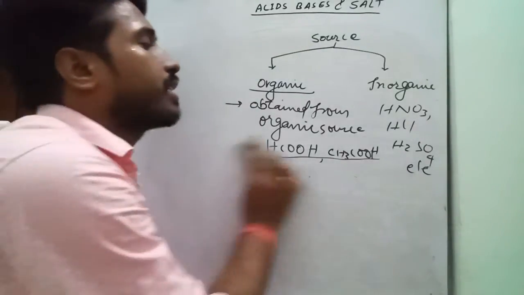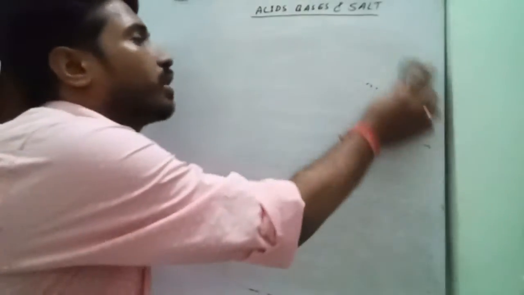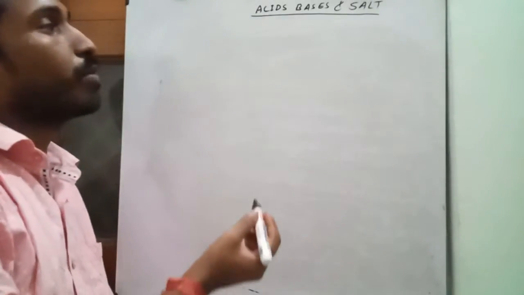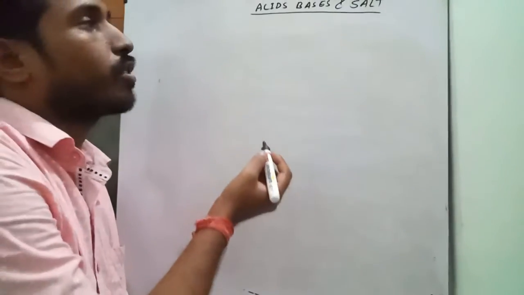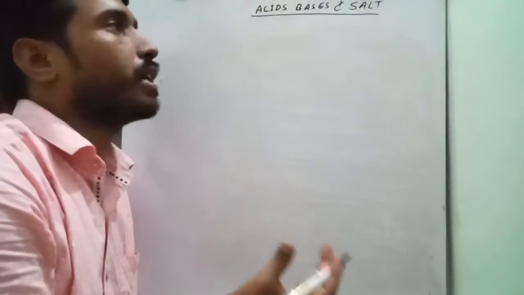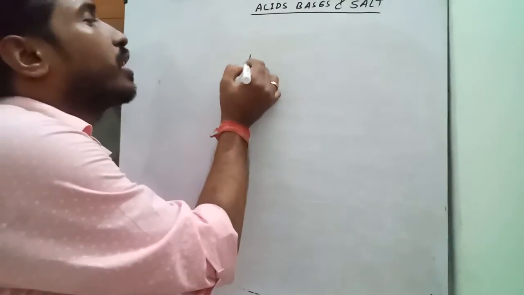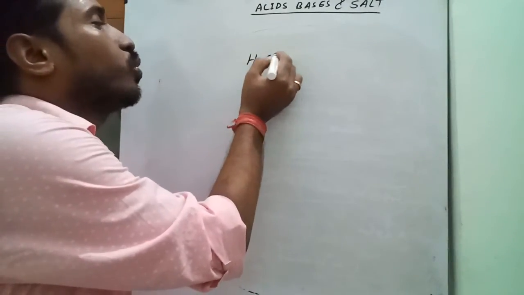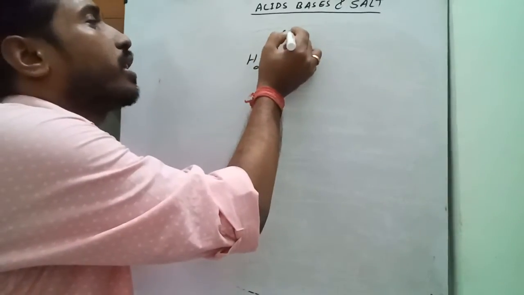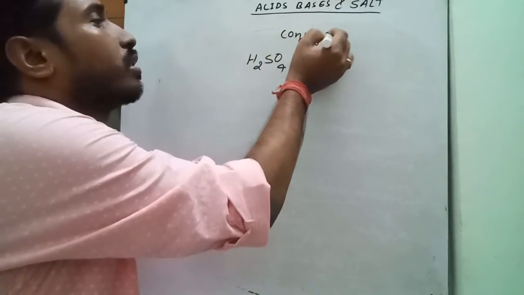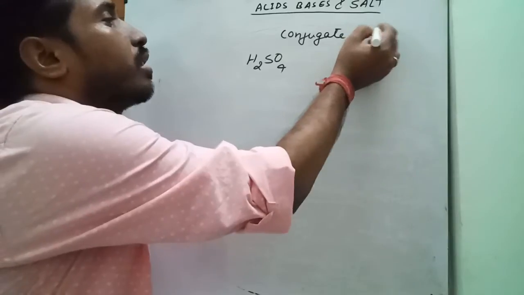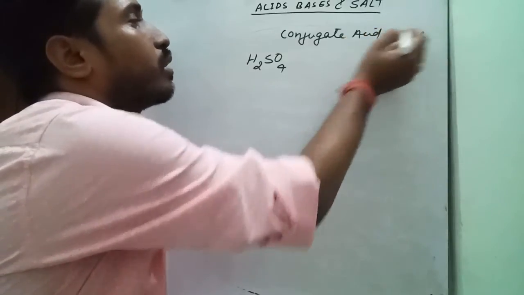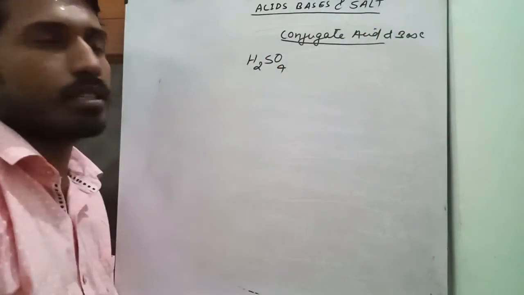So one more thing is that in the case of the Bronsted concept, I would like to tell one more important thing, which is the concept of conjugate acid and base. So what are conjugate acids and bases? Let us say we have taken H2SO4.